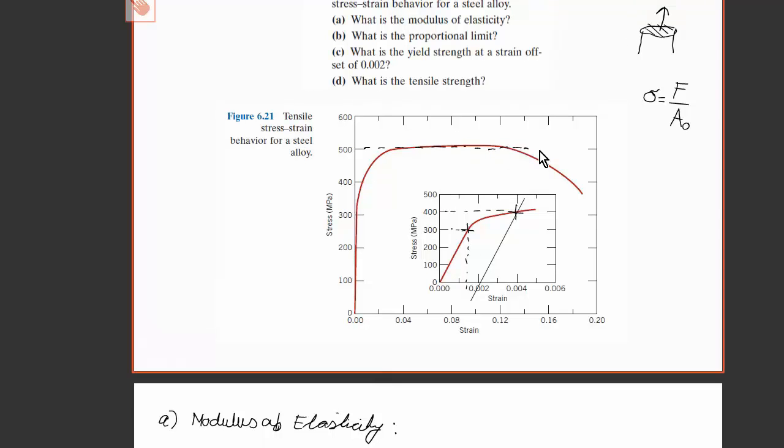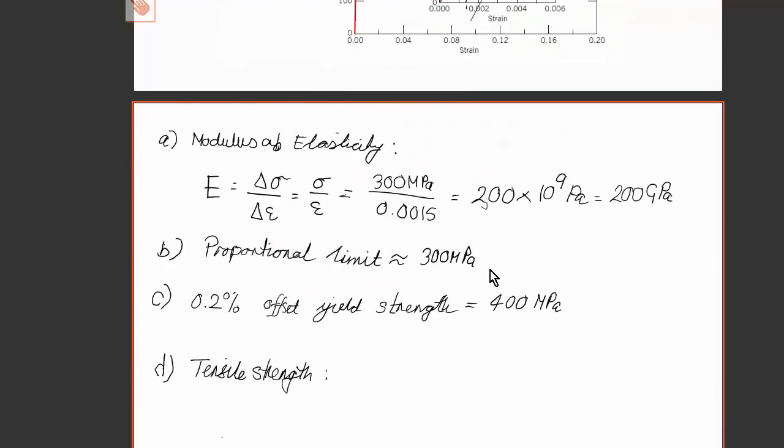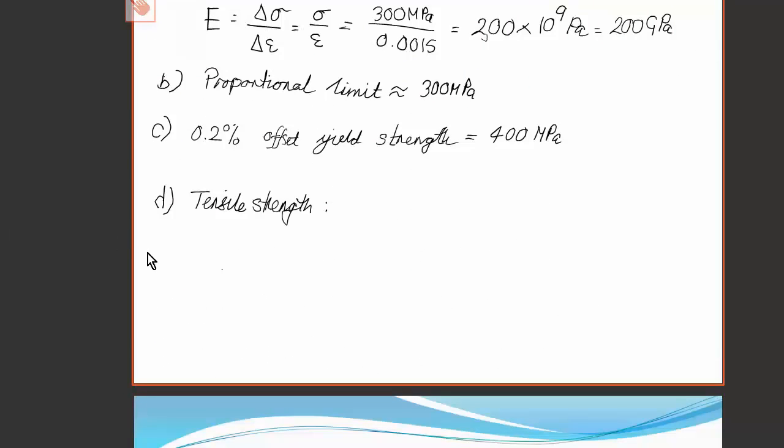I will say it's approximately 500 megapascals. Oops, sorry, that's right here.